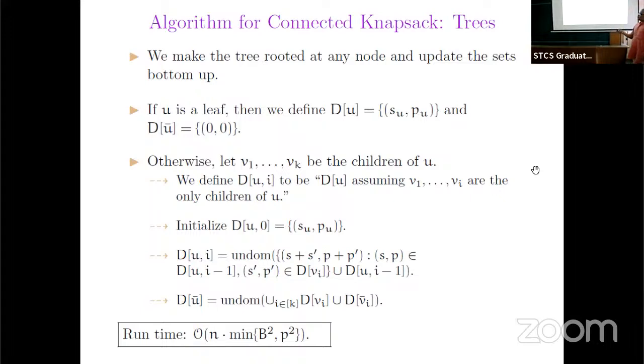On the other hand, U bar is very simple. If you don't pick U, as Piyush pointed out, your solution must be entirely in one of these subtrees. So you take all pairs in all the subtrees and you remove dominated pairs. This should be D bar of Vi.